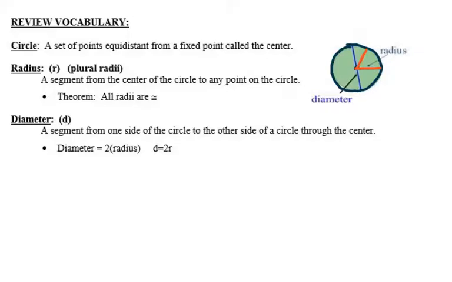The diameter is going to be a segment that goes from one side of the circle and passes through the center and continues on to the opposite side of the circle. So my yellow line there would be a diameter. The radius is equal to half of the diameter, or as shown here, the diameter is equal to 2 times the length of the radius.